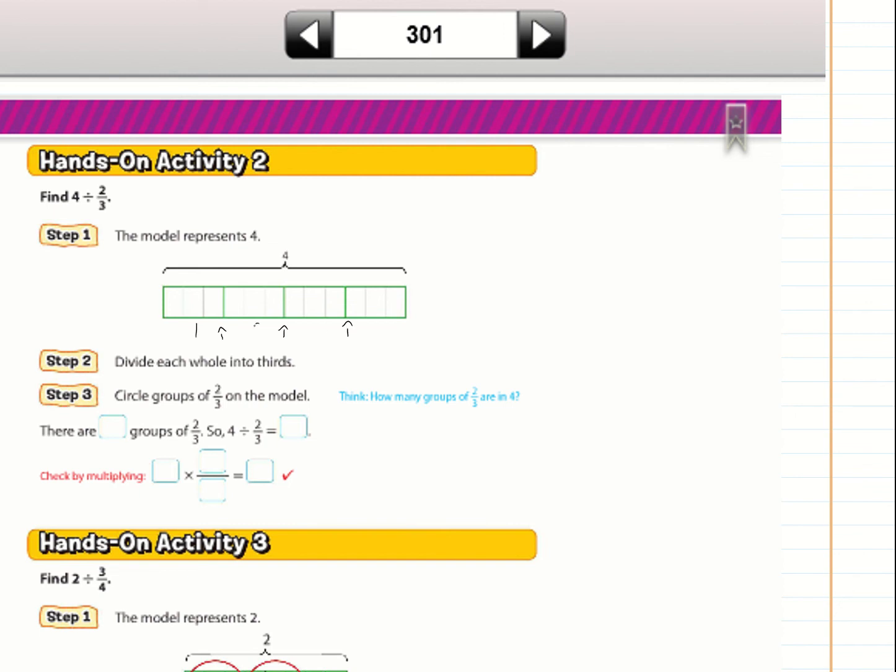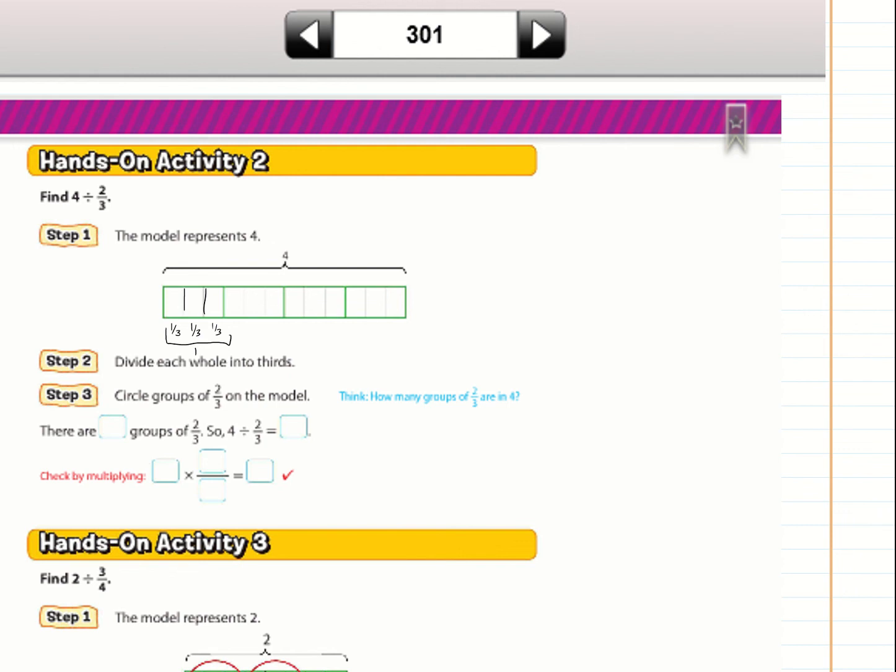So we have 1, 2, 3, 4. Those green lines all divide it into 4 equal parts. Now with those equal parts, they split them up into 3. So here's 1 part, and they split it up into thirds. That's a third, that's a third, that's a third.